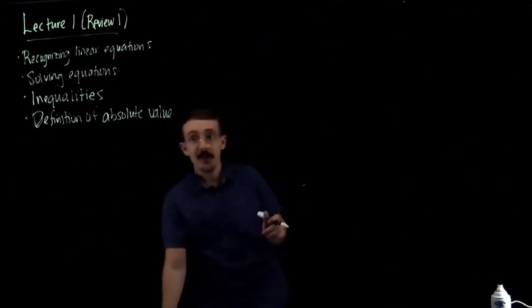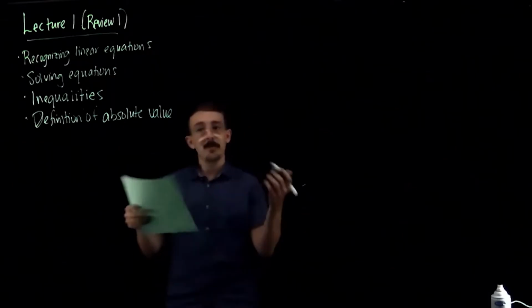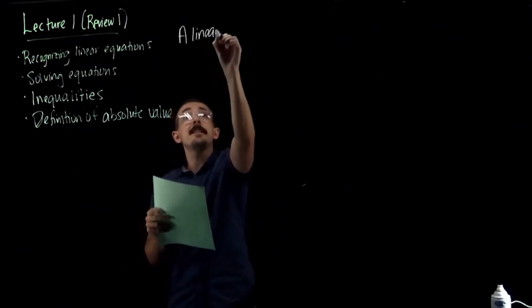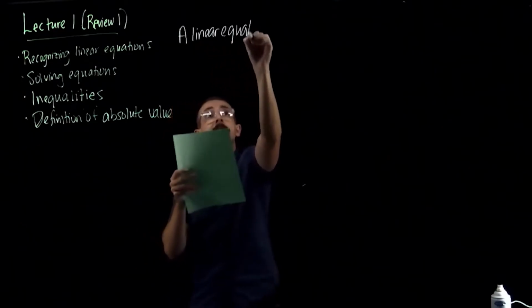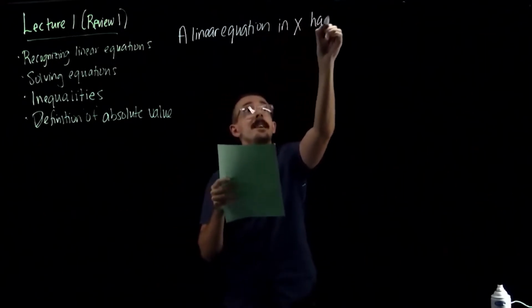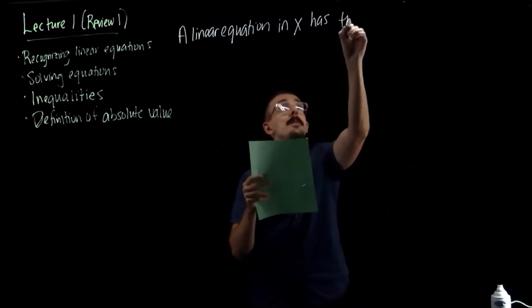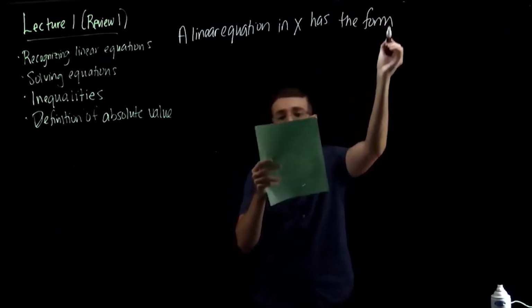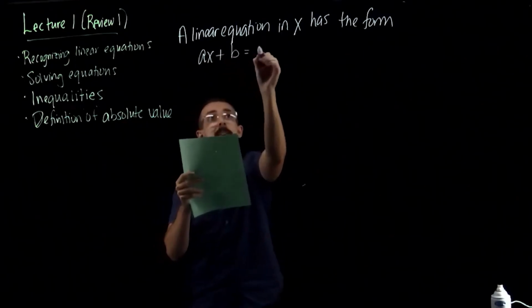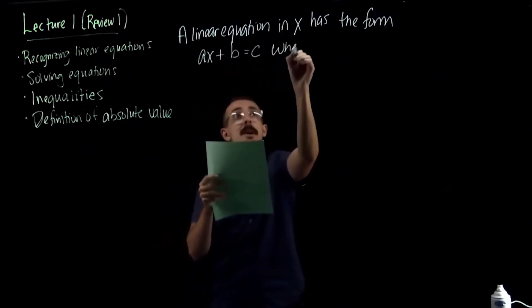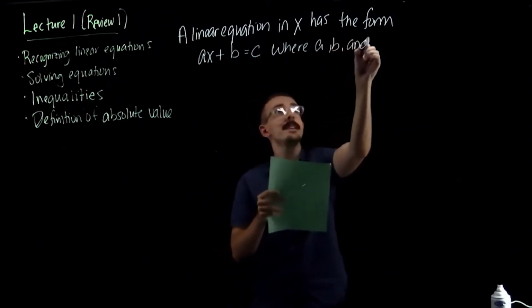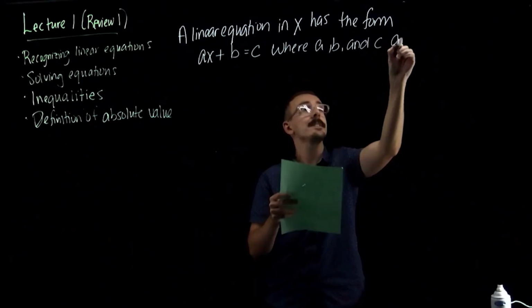All right, so let me first write down what a linear equation is. A linear equation in X has the form AX plus B equals C, where A, B, and C are constants.